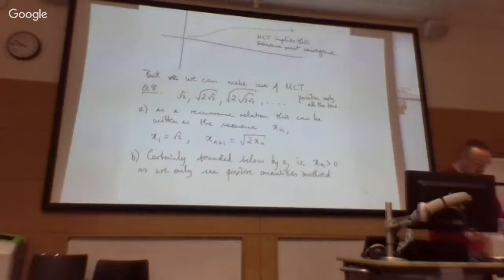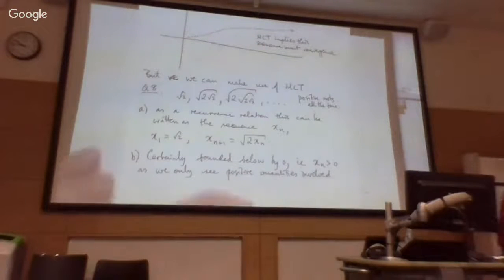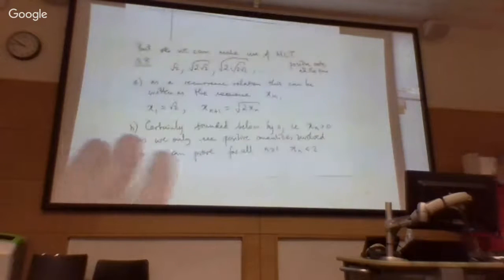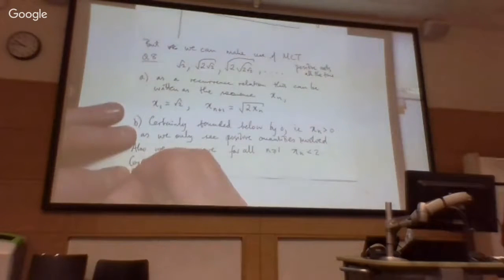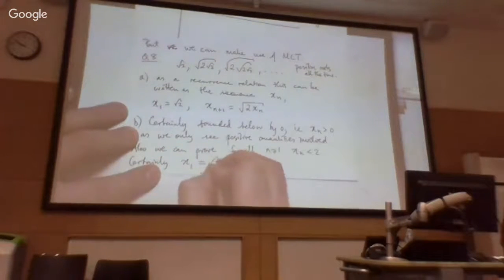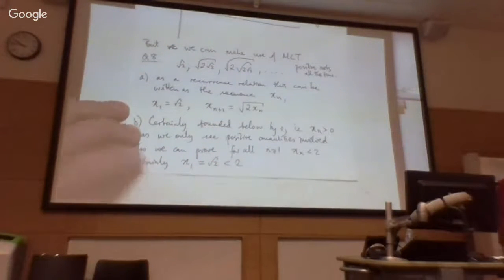Also, we can say that the sequence is bounded above by 2. So we can prove for all n bigger than or equal to 1, xn is always less than 2. Certainly x1, which is equal to the square root of 2, is strictly less than 2.